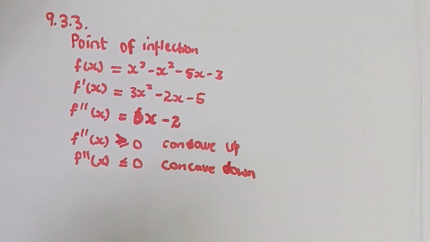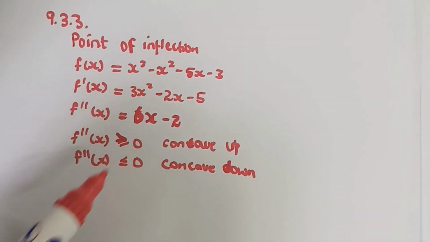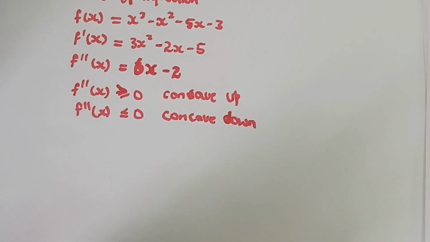Take note of that. So here is concave down, here is concave up, so our f prime prime of x should be greater than 0.